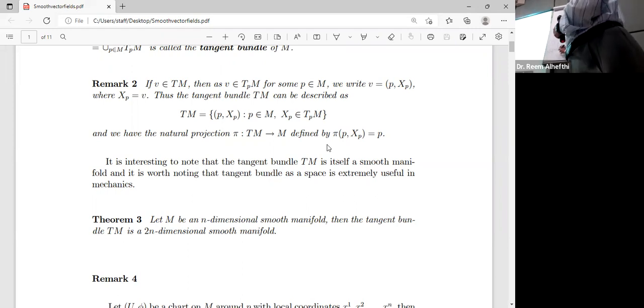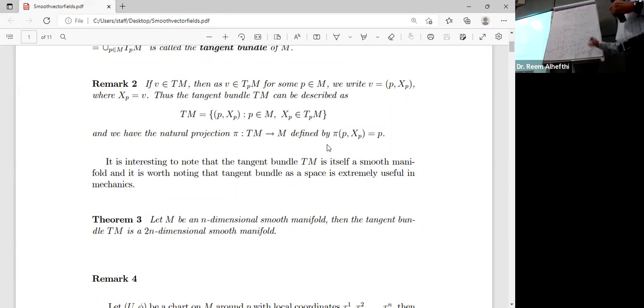Now, what is your phi? You take a chart here, (U, phi). So phi will be from pi inverse of U, that is in the tangent bundle of S1, to R2. How is it defined? Phi of a point here, (p, x_p), the first is nothing but x1(p), and the second one is nothing but dx1.